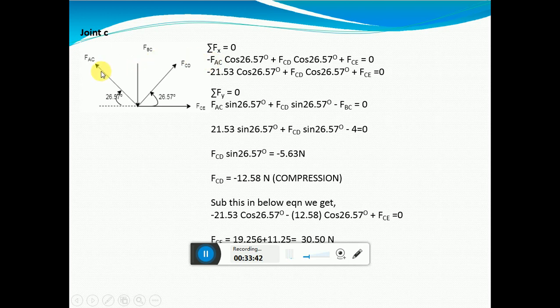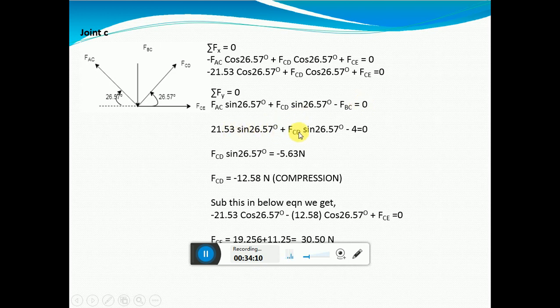FCD and FCE are the unknowns. Go for summation Fy is equal to 0: minus FBC plus FAC sin 26.57 plus FCD sin 26.57, along the y axis, is equal to 0.